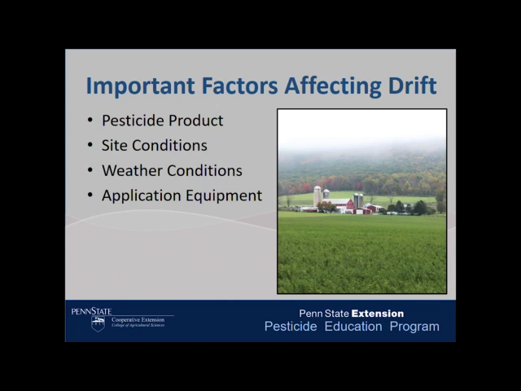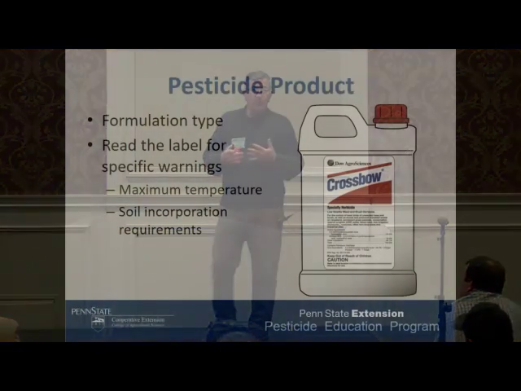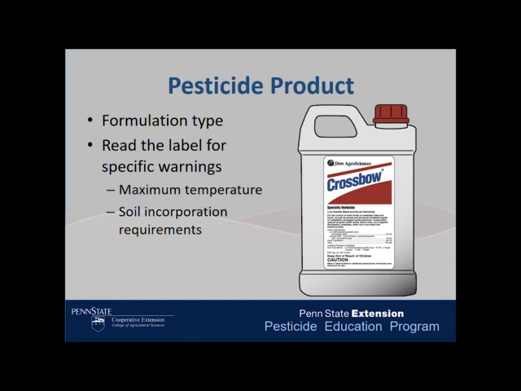Okay, other factors, certainly the pesticide product, site conditions, weather conditions, application equipment. We're going to touch on that too because they now have nozzles on the market that are meant to reduce drift, and they really do a nice job, and we're going to get into that here in a few minutes. Pesticide product. Oftentimes the same active ingredient is made in different formulations.